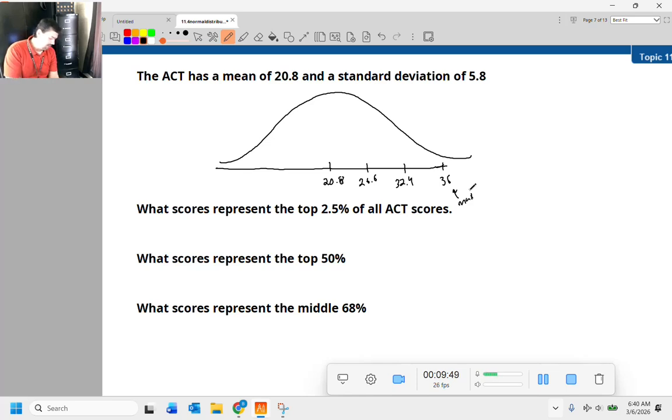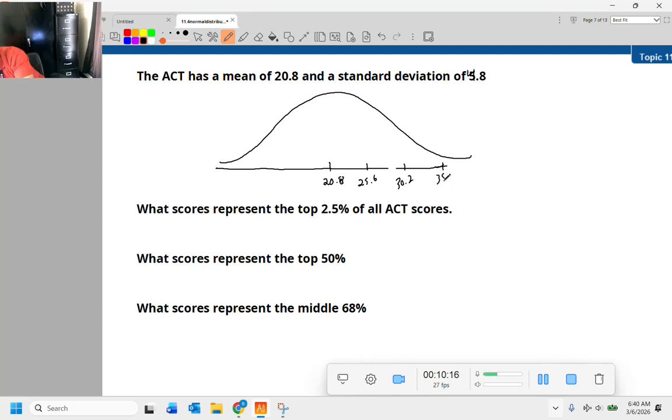Maybe I should redo this problem real quick. I think I will. Let's change it to 4.8. That'll make more sense, and I'll try to remember that when I actually print these notes out, but I'll likely forget. So that's going to give me 25.6, 30.2, and then 35.